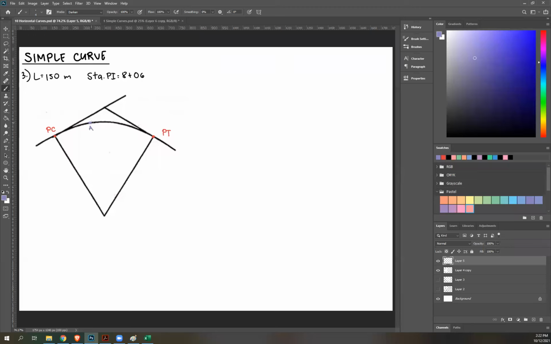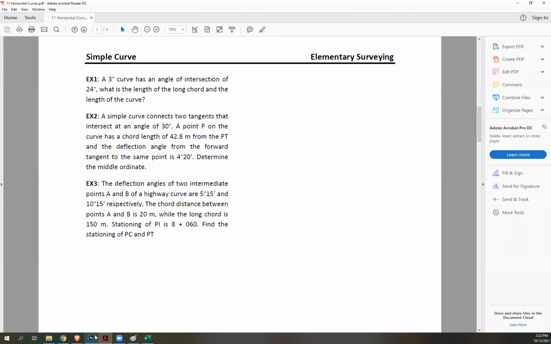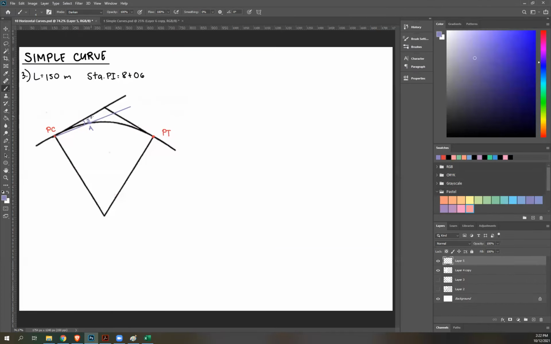For the deflection angle, draw a straight line passing through A, and that angle is 5°15'. Again, deflection angles are always from the tangent. Then another point, B, has a deflection of 10 degrees, 15 minutes, so let's draw a straight line.